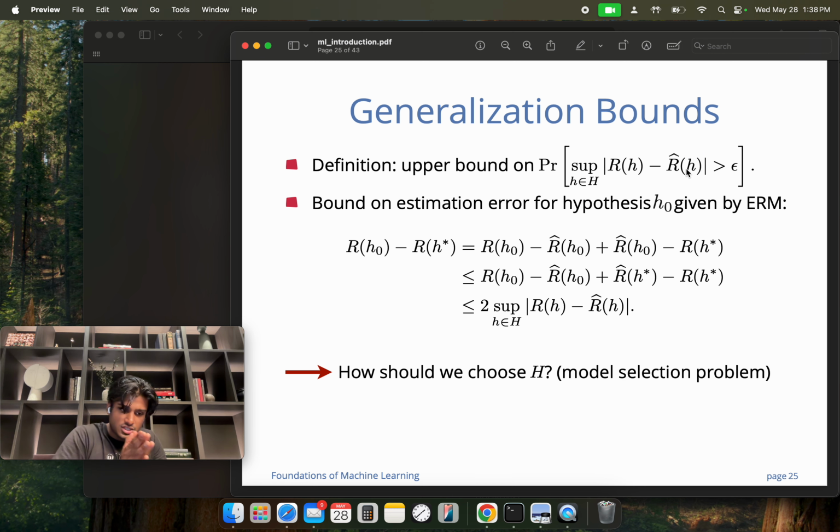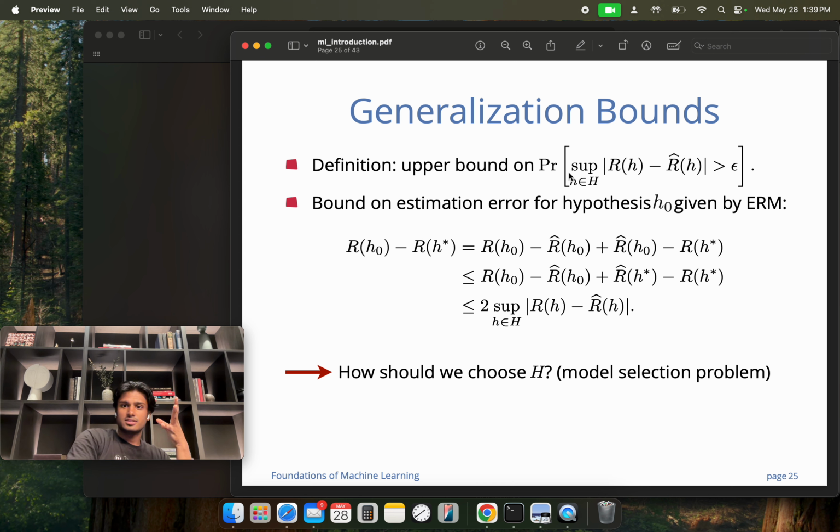Let's say some oracle does that for me, because I cannot really calculate the true risk. Let's say some angel or some higher power gives this value to me. It will be a real number. So how much does its true risk deviate from its empirical risk?